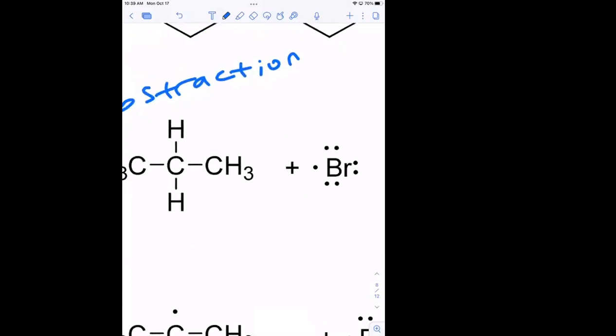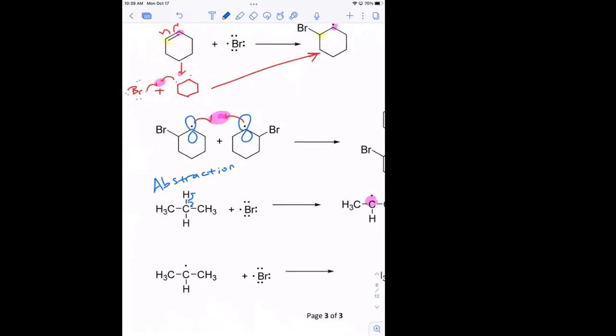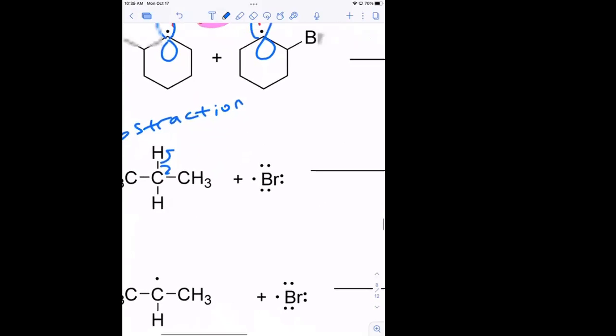The way I want to show this, I'm going to draw 1 electron towards hydrogen. I'm going to draw 1 towards carbon. That's how I got that carbon radical. And then what's facilitating it is bromine. So I'm going to draw an arrow from there. So bromine is actually coaxing that hydrogen away from carbon.